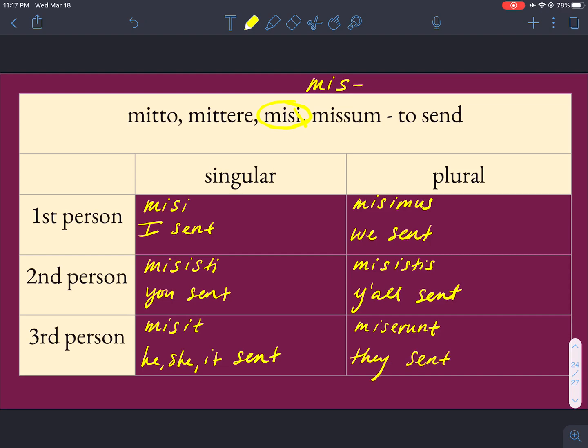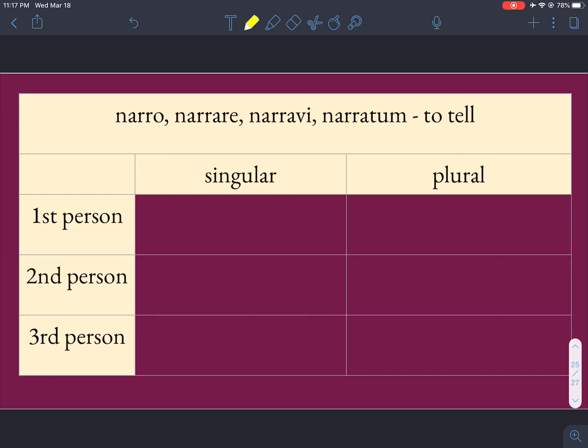Okay, that's your answer for number 3. Let's move to number 4. Okay, narro, narrare, narravi, narratum. This one's pretty regular, follows the same patterns we've seen. Okay, so you found your third principal part, drop the I, you're left with N-A-R-R-A-V. That's your stem. All right, so let's go through and add our endings.